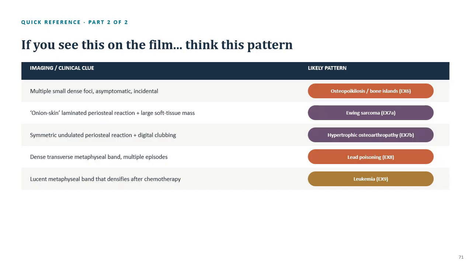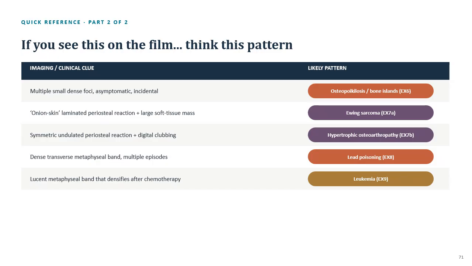These are usually going to be more benign. If we're seeing an onion skin periosteal reaction and there are also large soft tissue masses, they may be concerned about Ewing sarcoma. That layered periosteal reaction basically tells the doctor that there's some aggressive process happening within the patient.